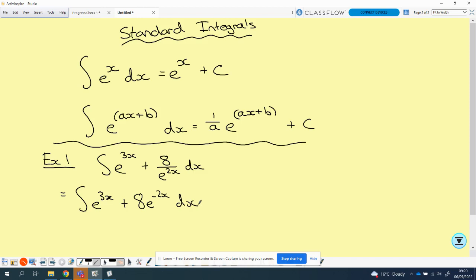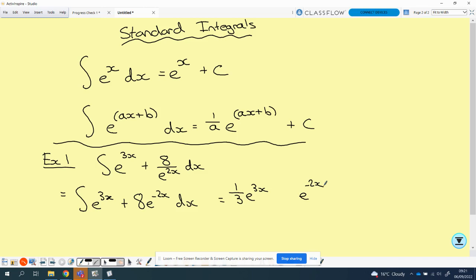Okay, so using my rule, if I integrate that first term, e to 3x will stay, but if I differentiate 3x, I get a 3, so that gives me 1 over 3 e to 3x. The next one, I'm going to keep the exponential the same, so it's going to be e to the negative 2x.